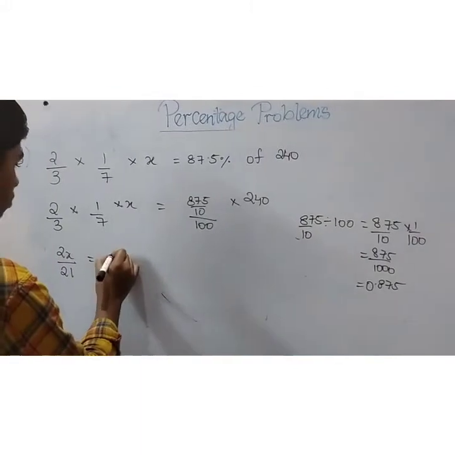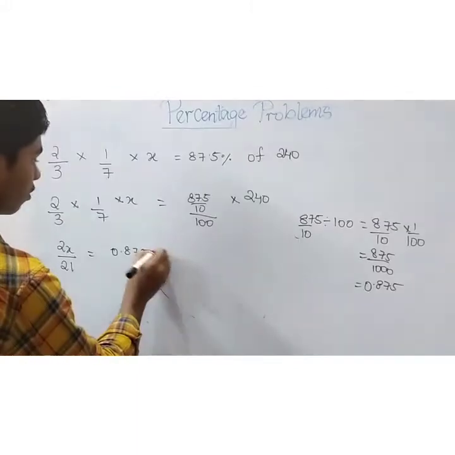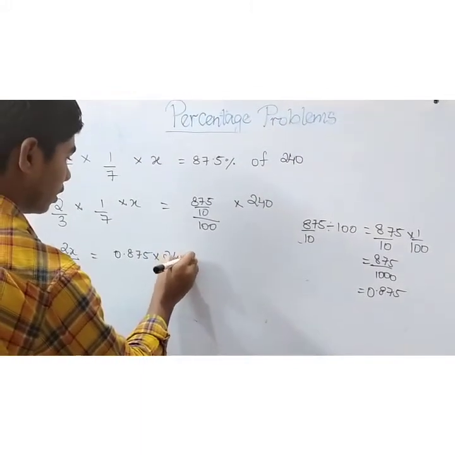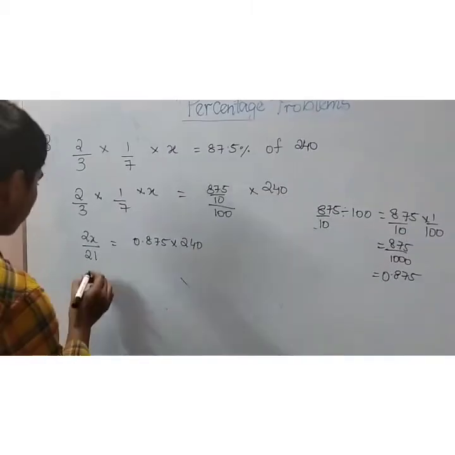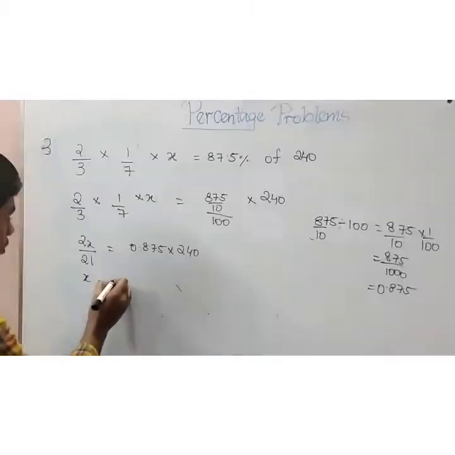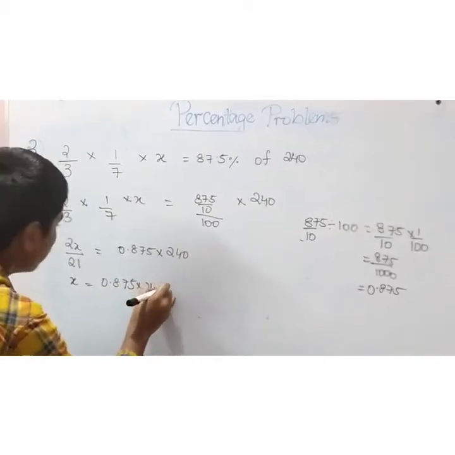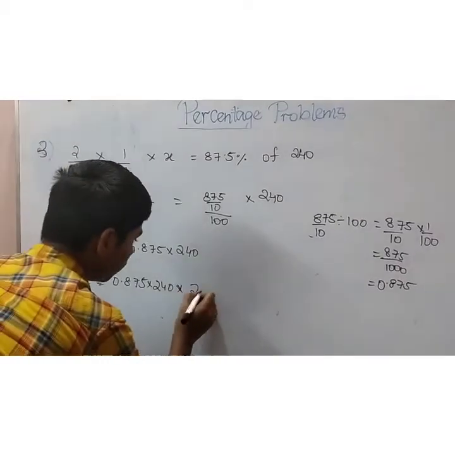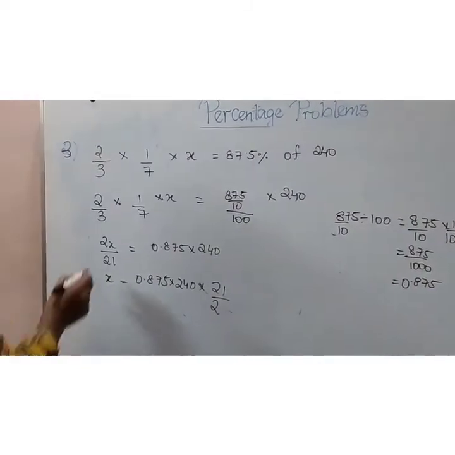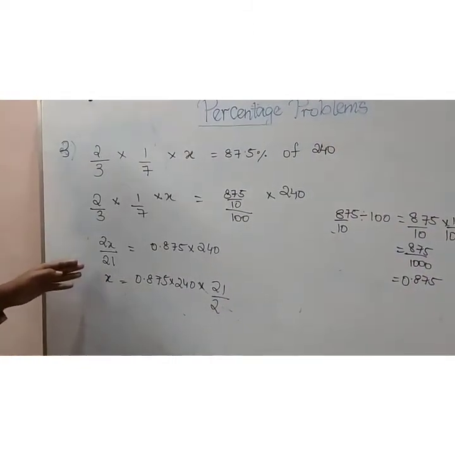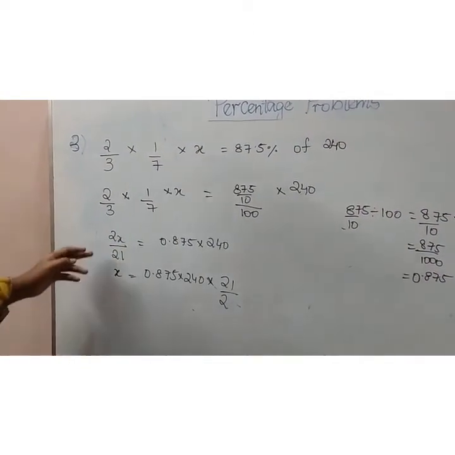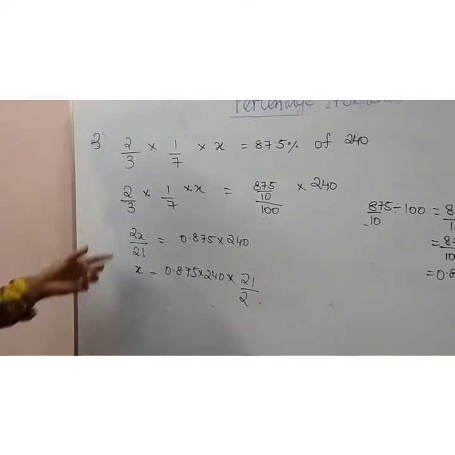So 2x by 21 is equal to 0.875 into 240. Now x is equal to 0.875 into 240 into 21 by 2. Division will go to the other side, meaning we multiply by the reciprocal.